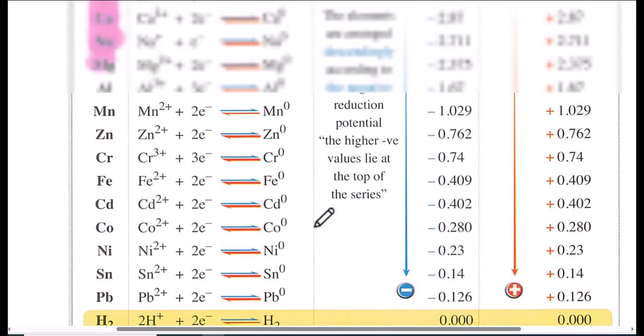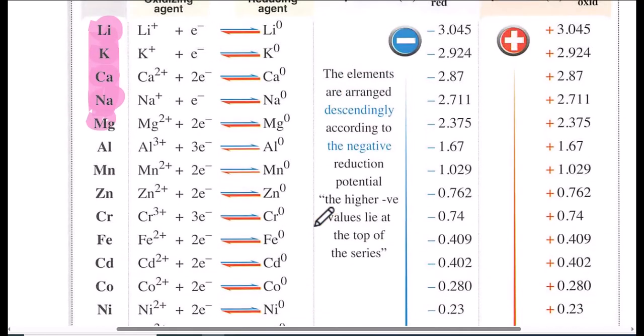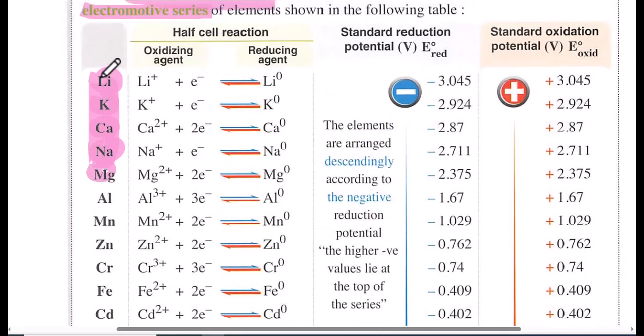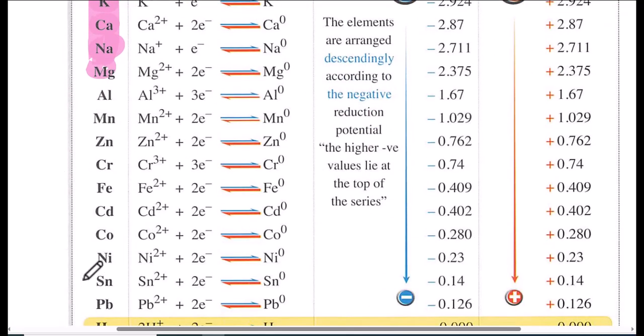We have some notes about this electromotive series. The elements of the first and second groups are the most active elements with the higher oxidation potentials, and the transition metals are lower in this series.